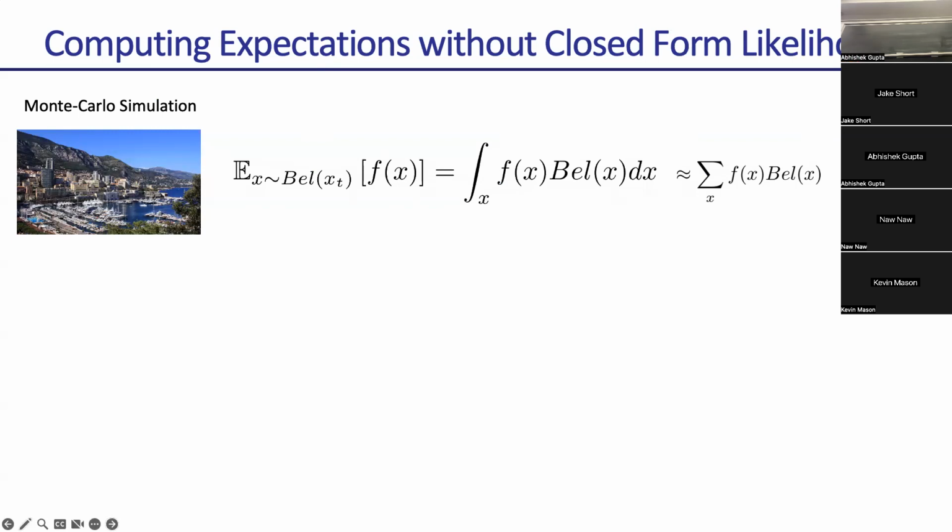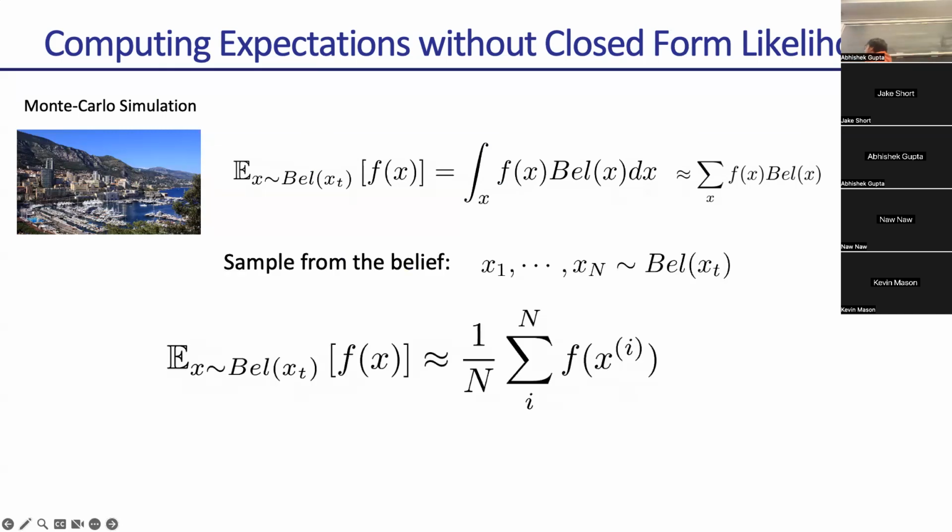You can replace an integral with an average over many, many different samples. And so essentially what Monte Carlo simulation is saying is that if you have some belief distribution and you don't know it, but you have a bunch of samples from it, you can compute the expectation by just taking an average of those samples. And so the point is you don't have to weight the samples, you don't have to do anything, you just literally take an average of the samples.